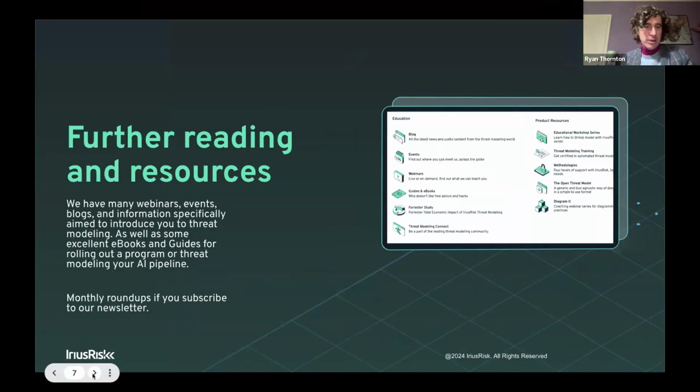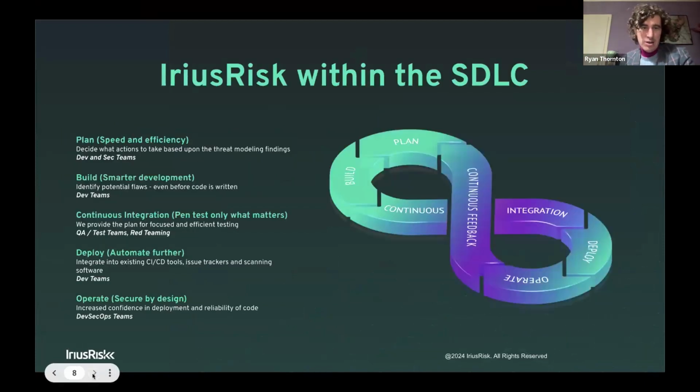We do have a couple of questions in as well. On the website, we've got further reading and resources. And just to bridge towards the SDLC, of course, you can use the community edition within the SDLC, but the enterprise is geared towards enterprises and therefore has those features that make it easier to bring it into the SDLC.